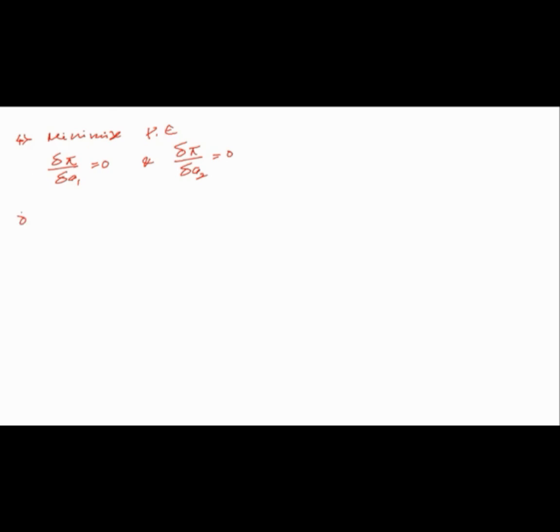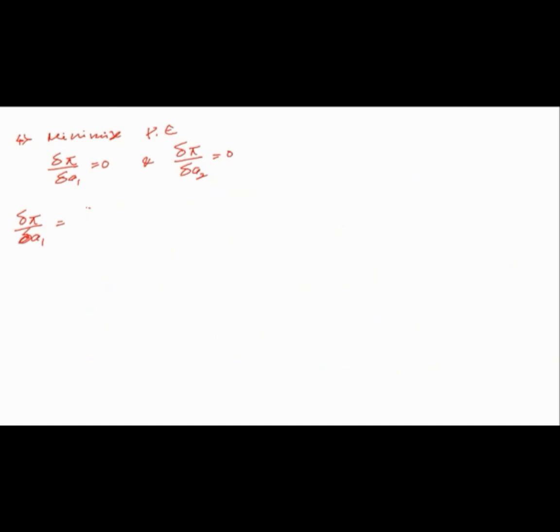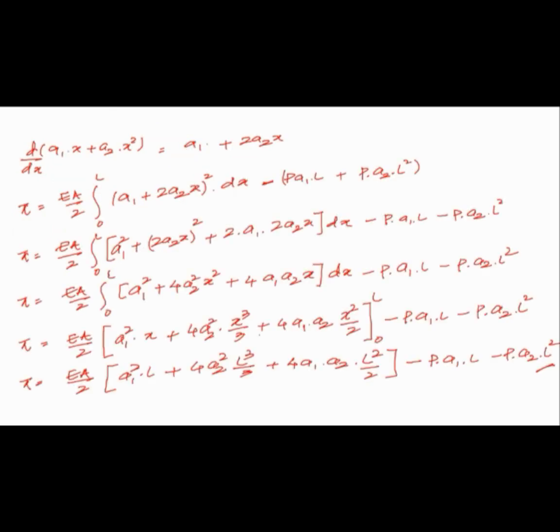First one, I am differentiating that function with respect to a1. So when I differentiate, EA by 2 constant as it is, a1 square into L is nothing but 2 a1 into L. So outside I have EA divided by 2 as it is. It is 2 a1 into L plus, see, here I don't have any a1 term. Therefore, this entire term will become 0.